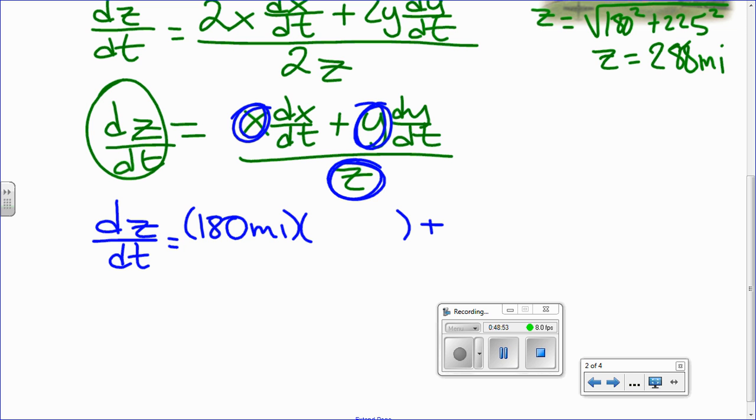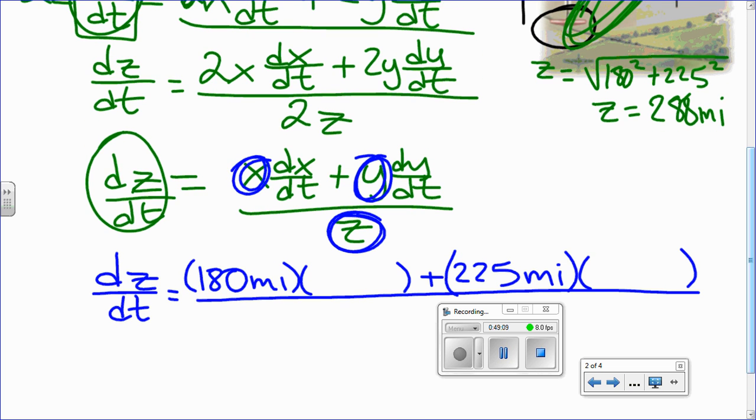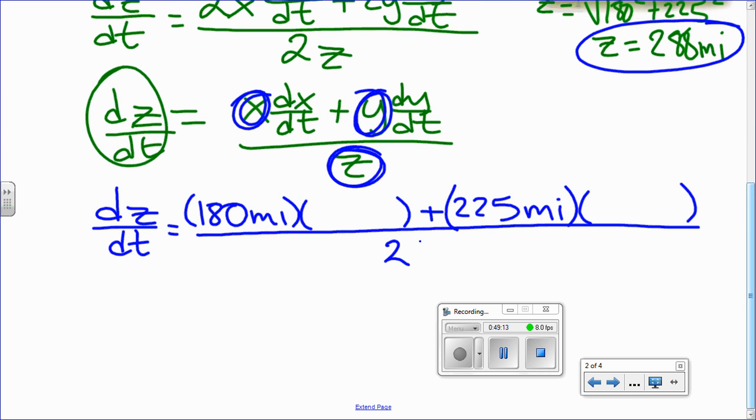And here for y, we have that distance that was given to us, 225 miles. And that we multiply by dy dt, which we'll find in a minute. And then here for z, that's the one that we found by using the Pythagorean theorem, 288 miles.